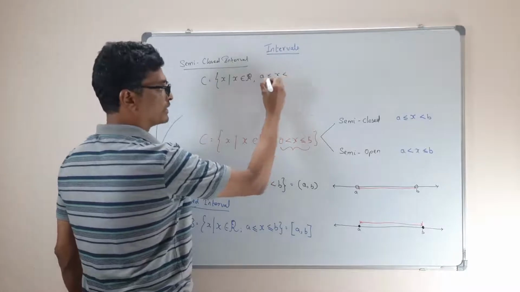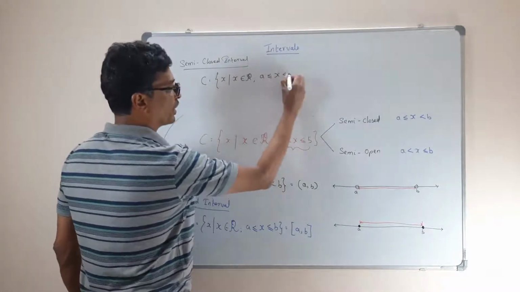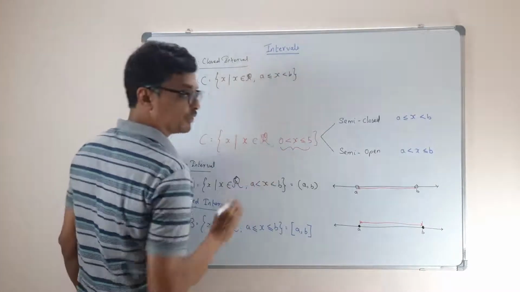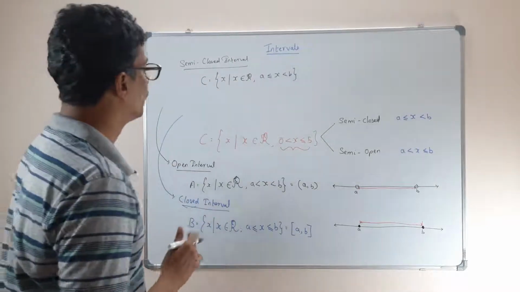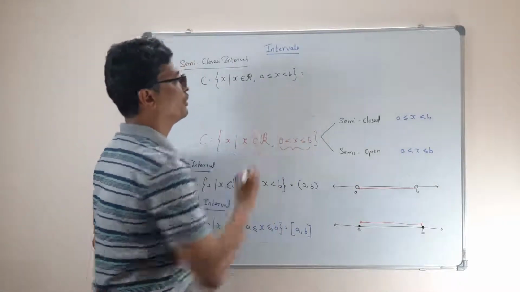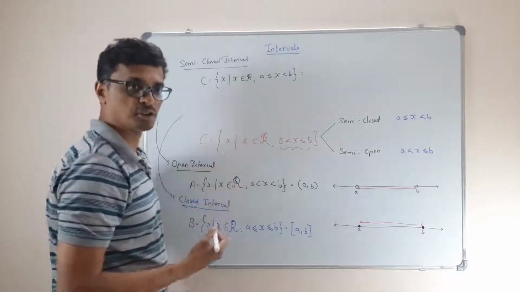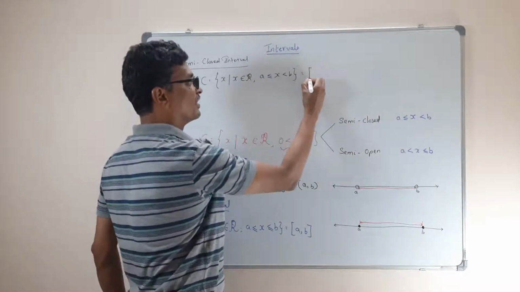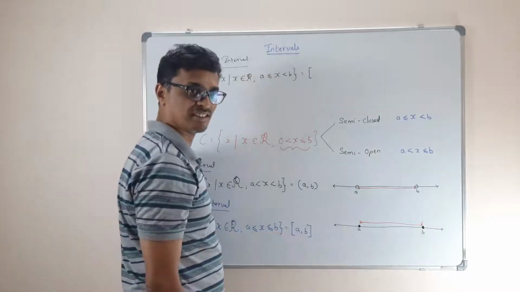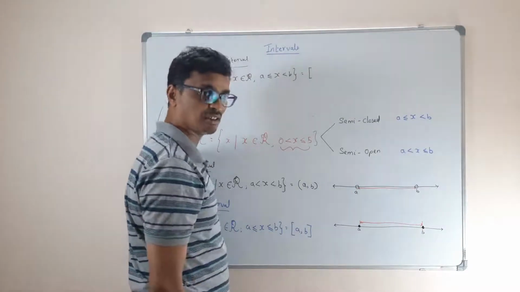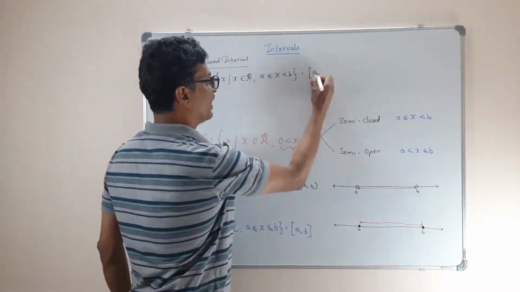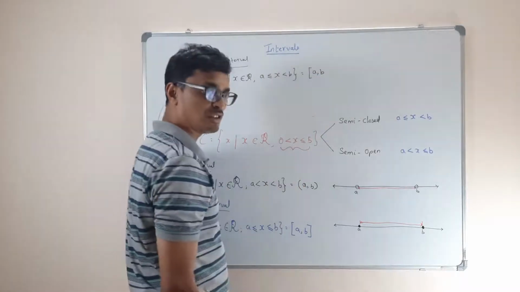Our variable is X. What is the symbol? From the left-hand side it is closed, so the left will be a square bracket. Then A, comma B. The right-hand side is open, so a curved bracket.